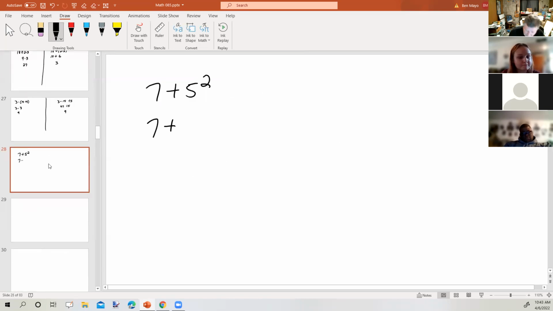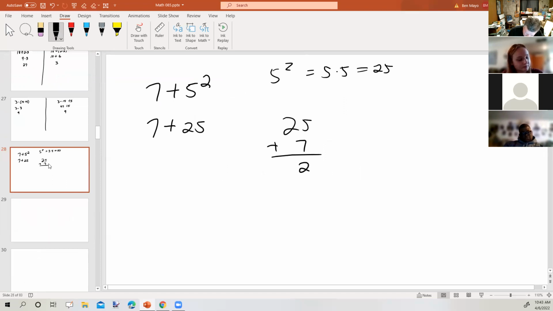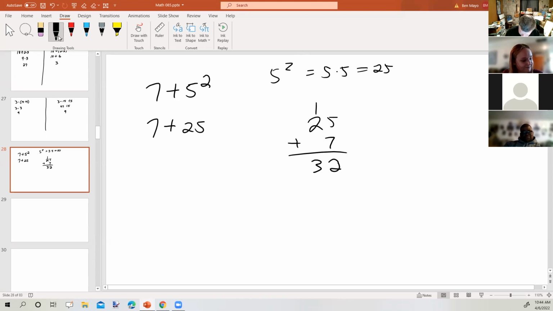So this is 7 plus, what's 5 squared? That's 5 times 5 or 25. And 25 plus 7 is 32. That's actually, that's not 32. What am I doing? I'm multiplying. Hang on. Tilt, do over, redo, reboot. 25 plus 7 is what? It's 32. I was talking addition and braining multiplication. I don't know. Anyway, sorry about that.